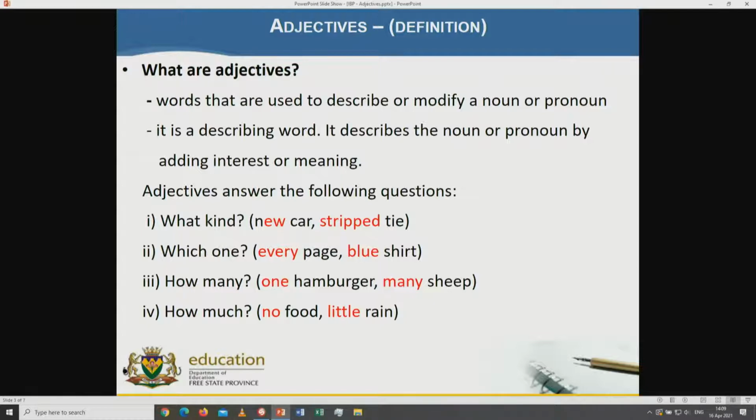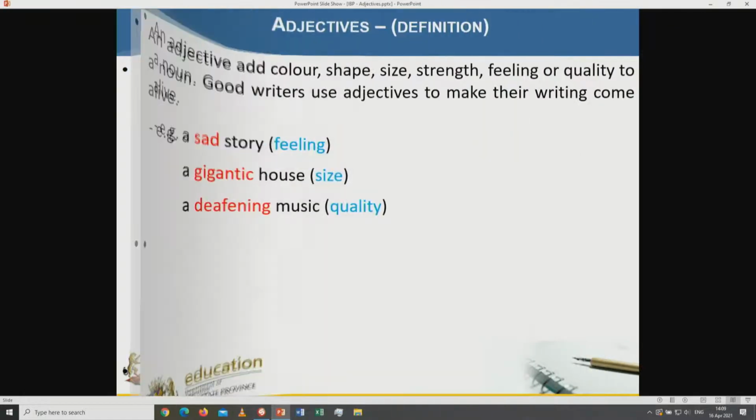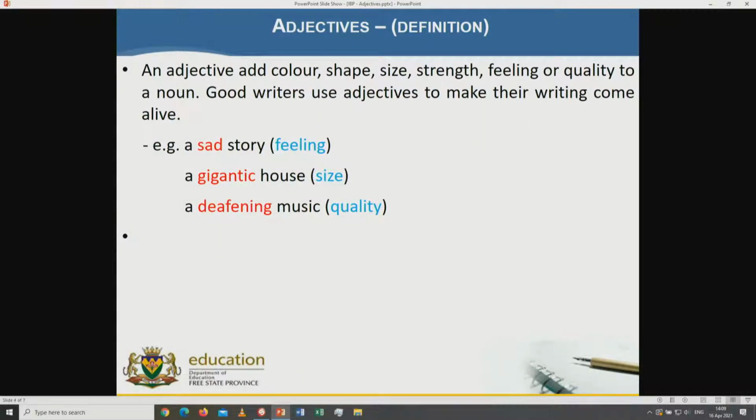In other words, they describe the noun in a very meaningful or interesting way. That's what adjectives will do for you, or that's what adjectives stand for. Hence we say they are so interesting and we cannot live without the adjectives.